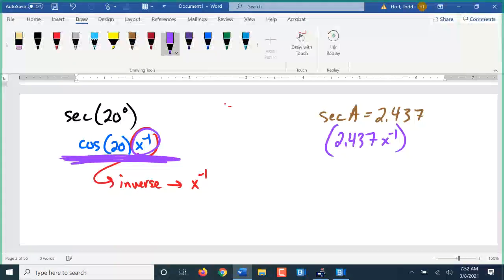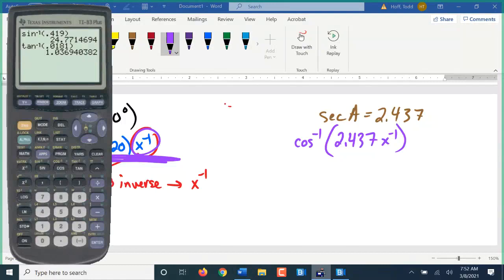And then we do the inverse of the cosine, which is the inverse cosine. The way I wrote it out there is exactly how it has to be entered in our calculator. We still have to do the second cosine first when we punch in the keys. But notice we do 2.437, and before I close the parentheses, I do the x negative 1. The x negative 1 happens first, then I do the inverse cosine. That gives me 65.77 degrees.